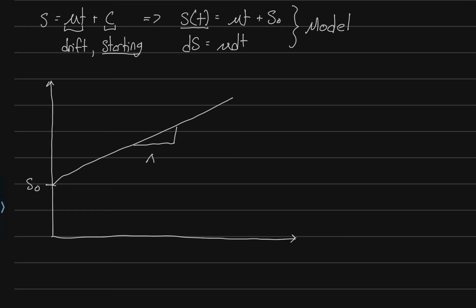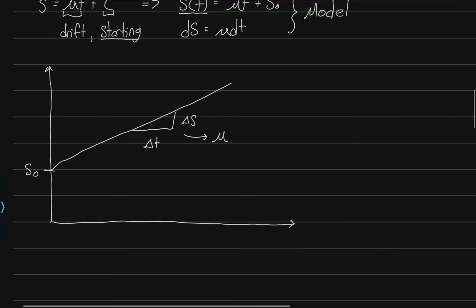So this is going to be our delta t and delta s, which is essentially going to be our mu. And in this specific case, we know our mean returns for the stock we're analyzing is going to be greater than 0. We could also have a negative mean returns, so this is going to be mu less than 0.